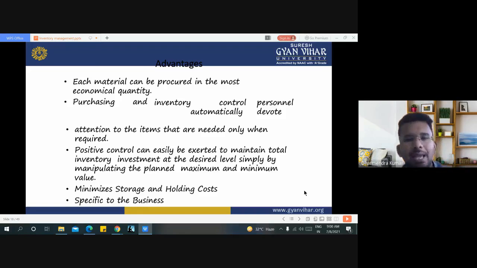Positive control can easily be exerted to maintain the level of inventory, and to maintain total inventory investment at the desired level simply by manipulating the planned maximum and minimum values. It also minimizes storage and holding cost specific to the business. These are the various advantages of economic order quantity.